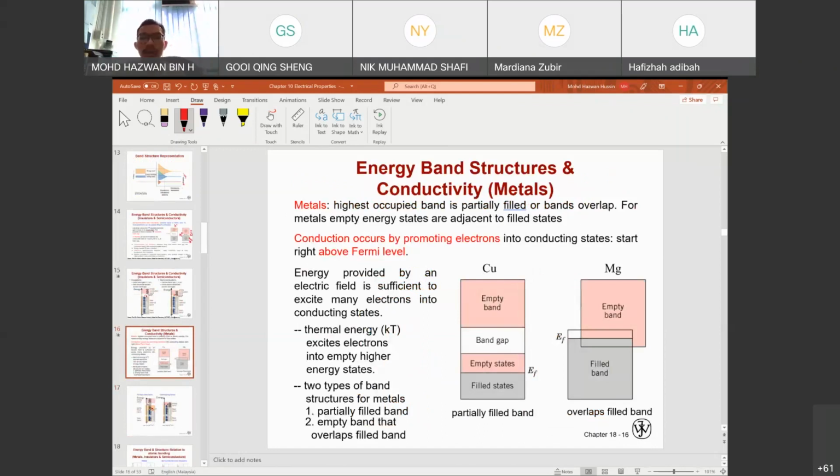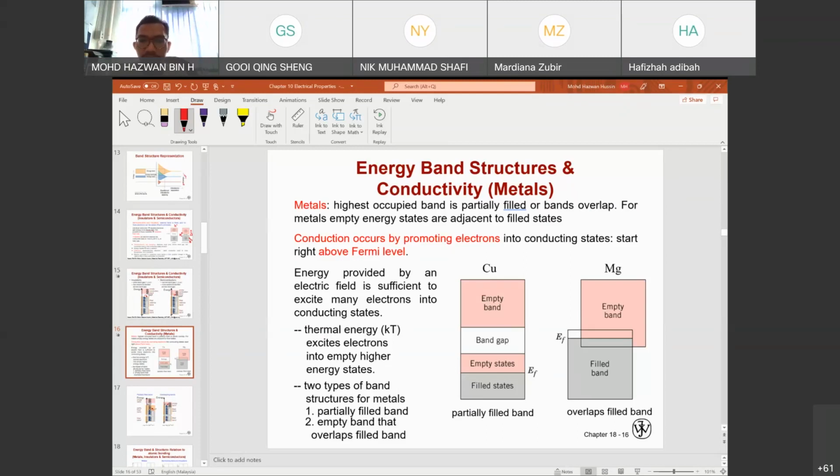Right. So how about conductive materials, for example metals? Metals have a highest occupied band, which could be partially filled or overlapping. For metals, empty energy states are adjacent to filled states. Conduction will occur by promoting electrons into conducting states, starting right above the Fermi level.